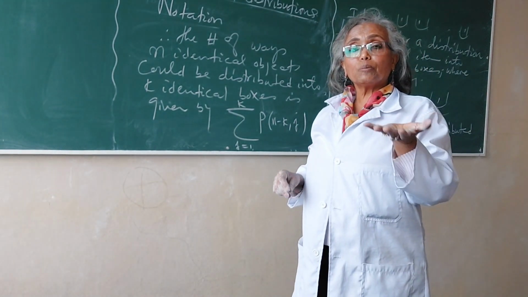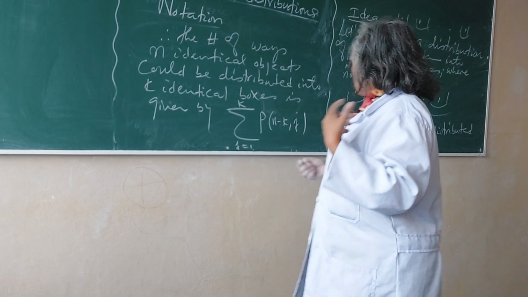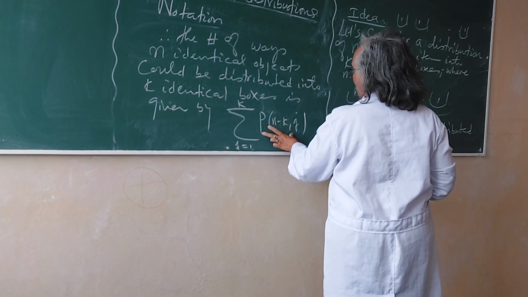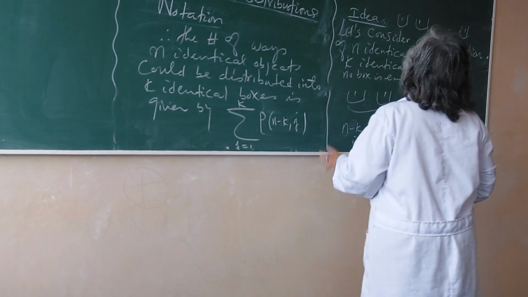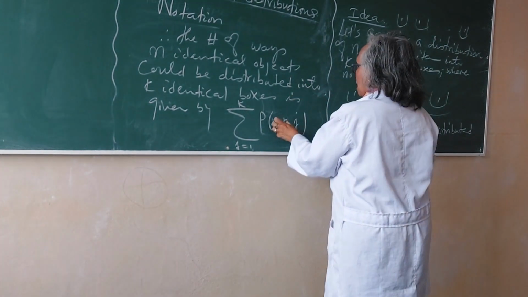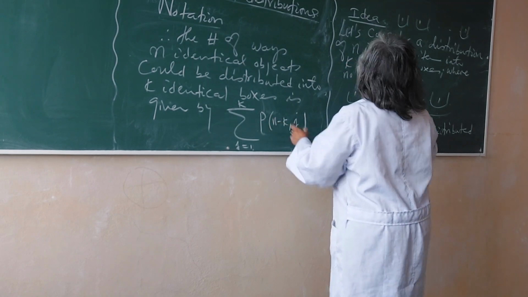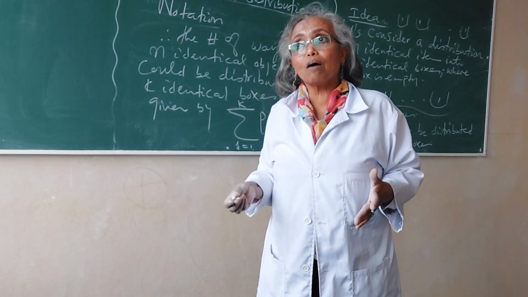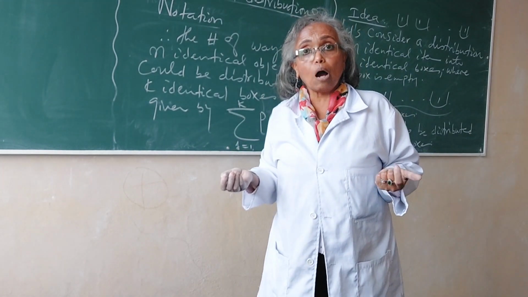Now I'm free to distribute this in any way so that I can make use of the P(n, k) formula to count the distributions. I'll consider distributing the n minus k to one and only one box. Then I can count it.